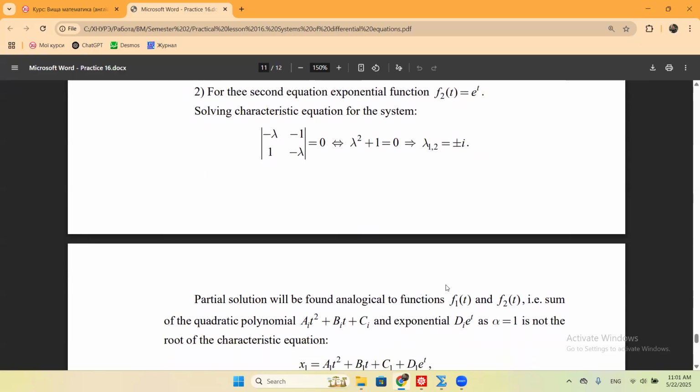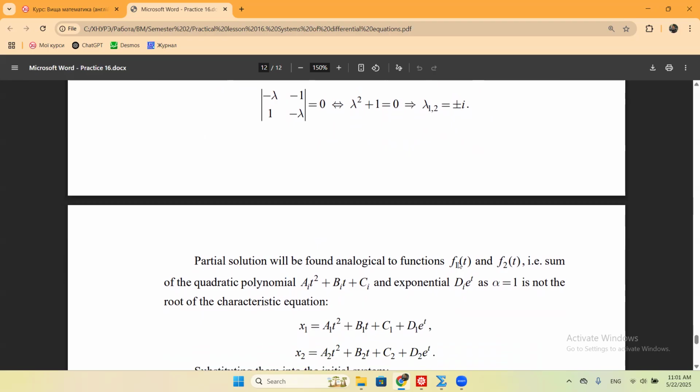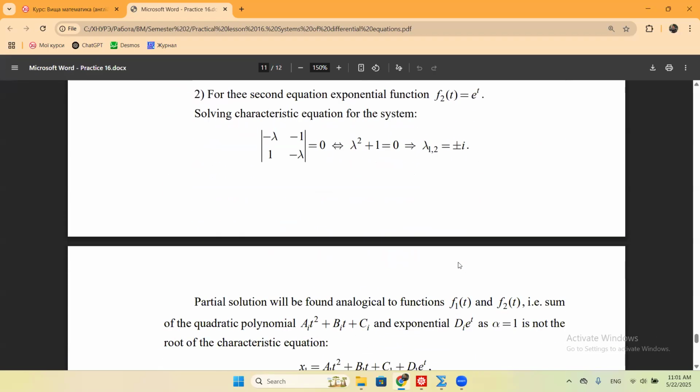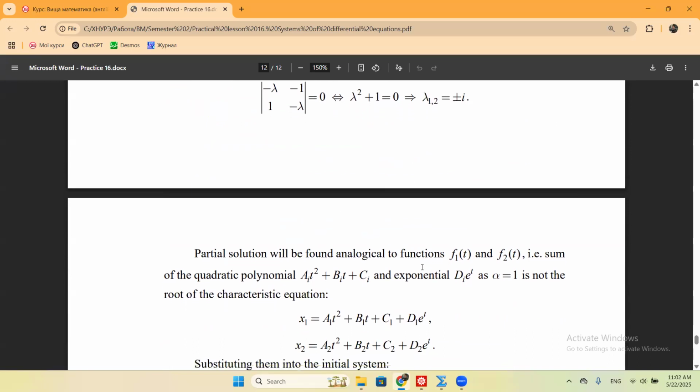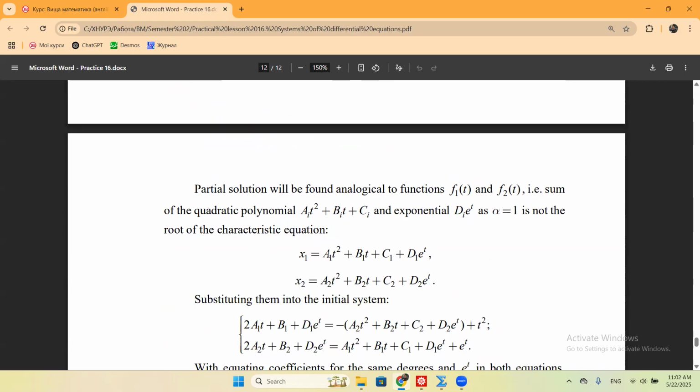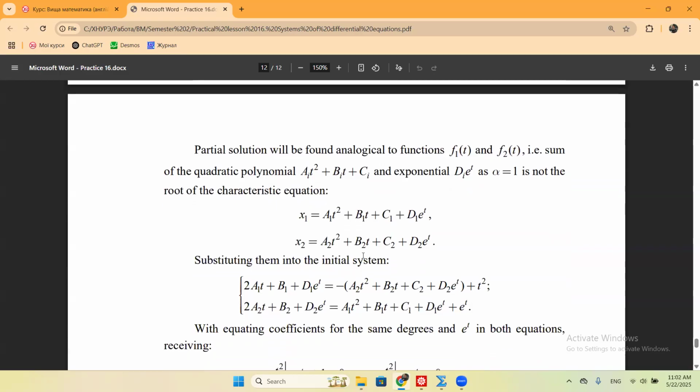So the partial solution will be analogical to functions f1 and f2, so it will be a sum of these functions, but with undefined coefficients. So for x1, it will be a polynomial of the second order with undefined coefficients plus undefined coefficients before the exponent, and analogically for x2.